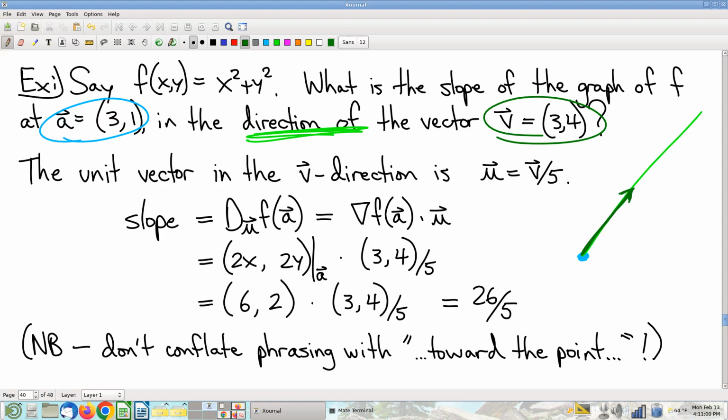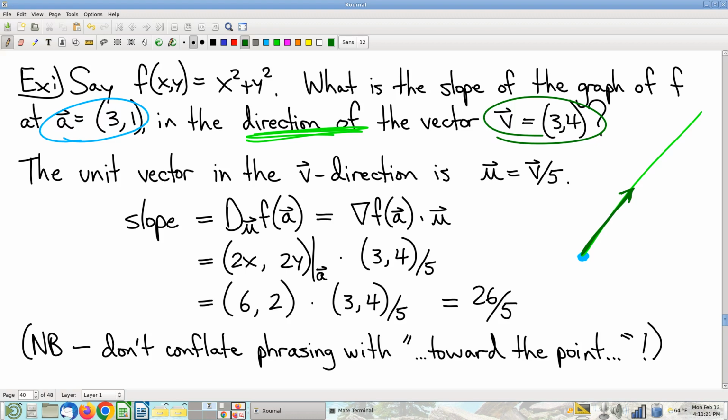So there's that vector. That's the direction we're supposed to be going. Don't forget, vectors have 2 geometric features. They have a magnitude and they have a direction. And the phrasing of this question means, of the magnitude and the direction, consider the direction that this vector is pointing. That's the direction I want to go.